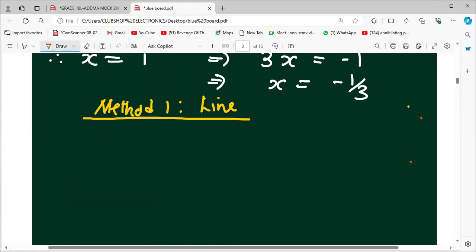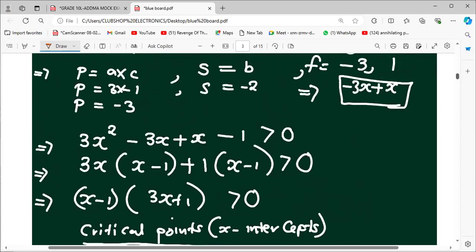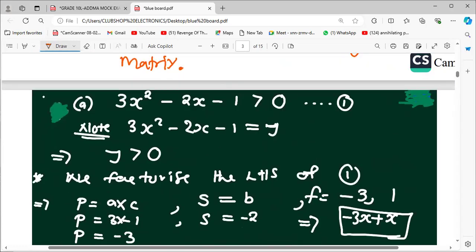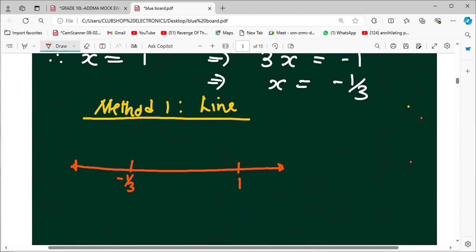Okay, so we can put up a line. This is representing the x-axis. So I have two numbers, -1 over 3 and 1. But you can see that inequality 1 is just greater than, so it means these numbers are not included.